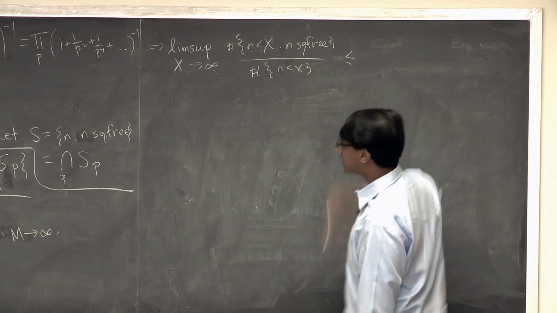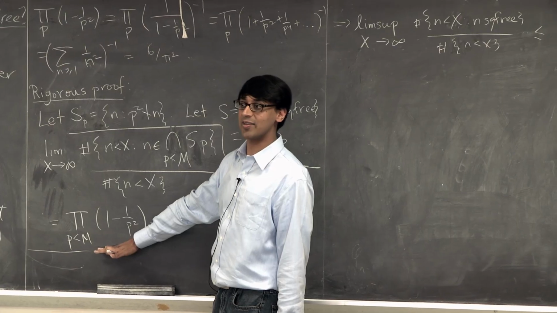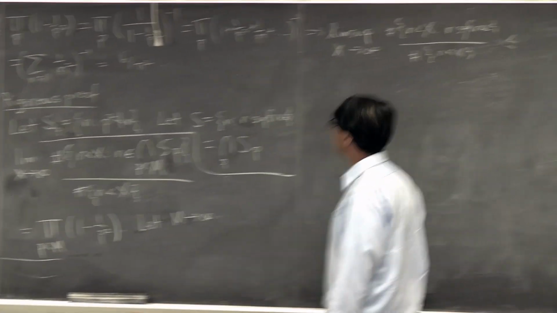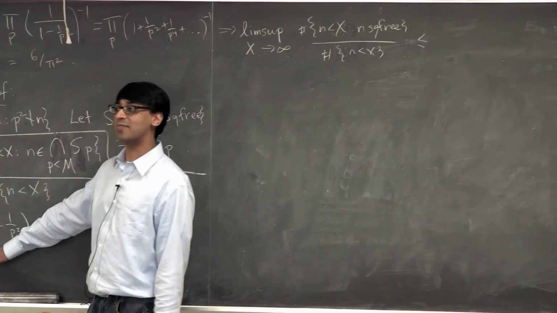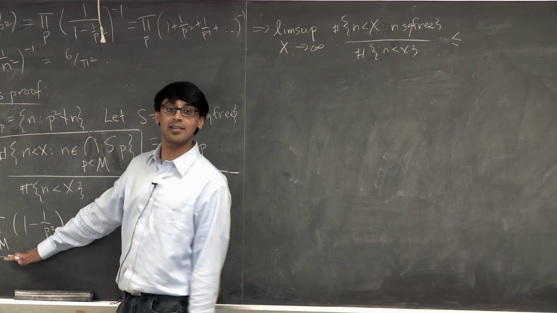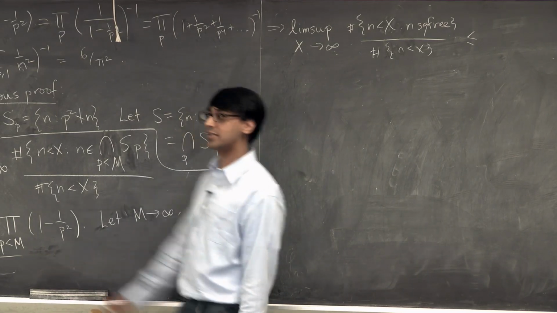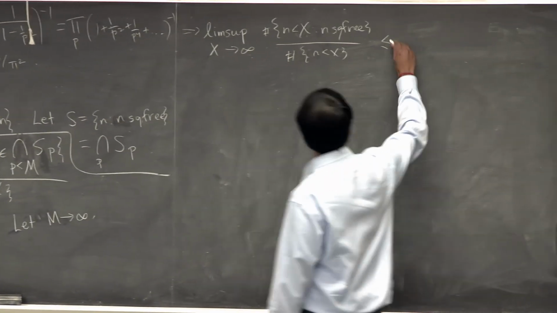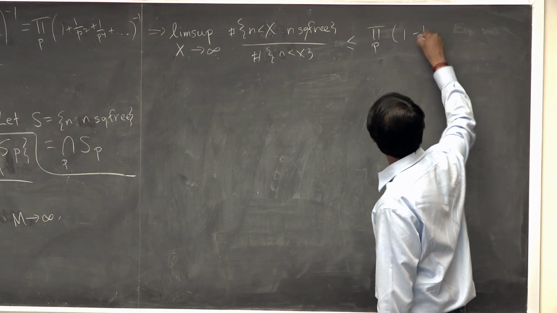So that's certainly going to be less than or equal, because this is just getting smaller and smaller. That's always going to be an upper bound for the density of square free numbers. If you keep imposing more and more things, this constant gets smaller and smaller, and it approaches something, namely 6 over pi squared. That we can say is certainly less than or equal to the product over all p of 1 minus 1 over p squared.